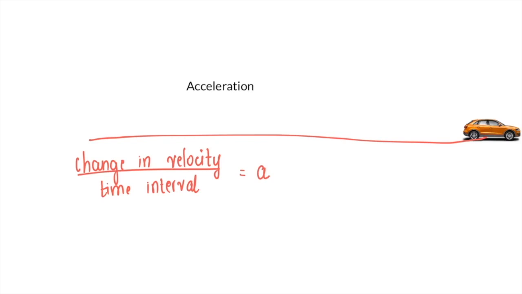Now change in velocity will have a unit of velocity, and time interval will have a unit of time. As we had seen in the previous quantity, meter per second is the unit of velocity, and time is also in seconds.